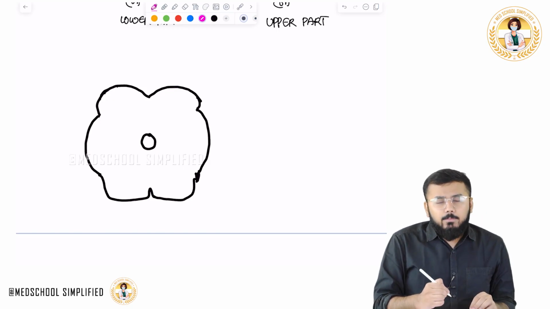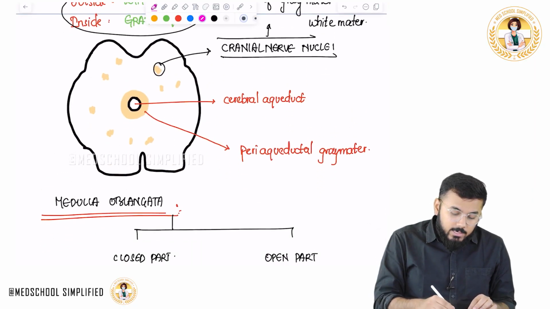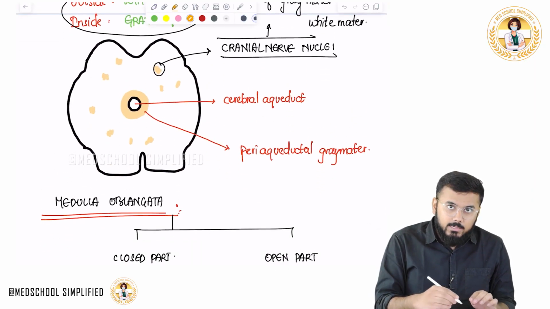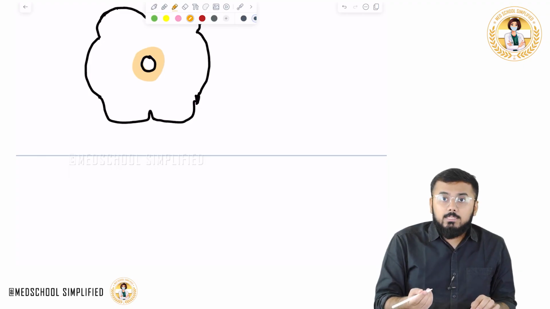Now in the entire brainstem, guys, the same thing follows. That is, inside what matter do you have? You have gray matter, and surrounding it is the white matter. So here also inside you have this matter which you can see, right? Surrounding the central canal is what is called your gray matter, and surrounding that is completely white matter.